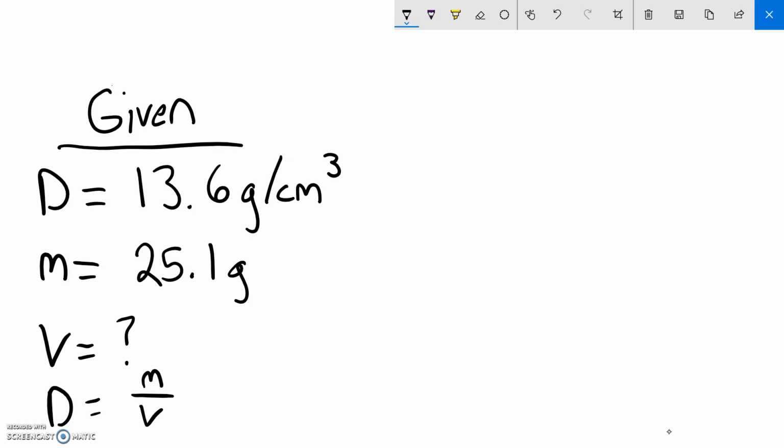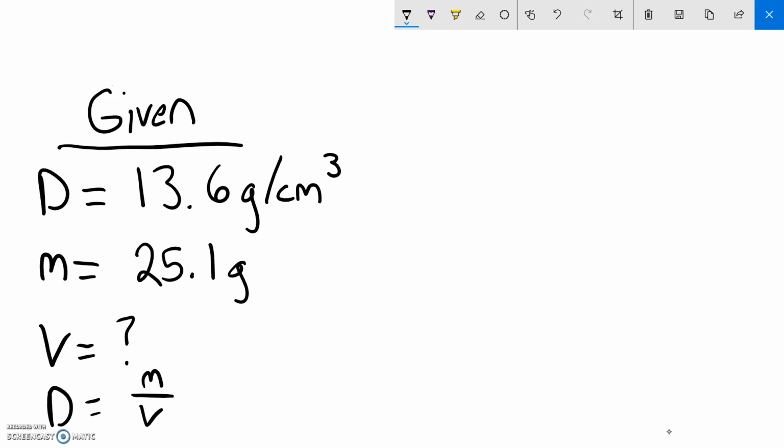Now you might be thinking to yourself, but they're asking me to solve for V. So how can I use this equation, D equals M over V, to solve for V? I want you guys to think about it. Think about what you guys have been doing in your math classes. You've got M and V. How are they connected? You should be telling me that they're connected by division.